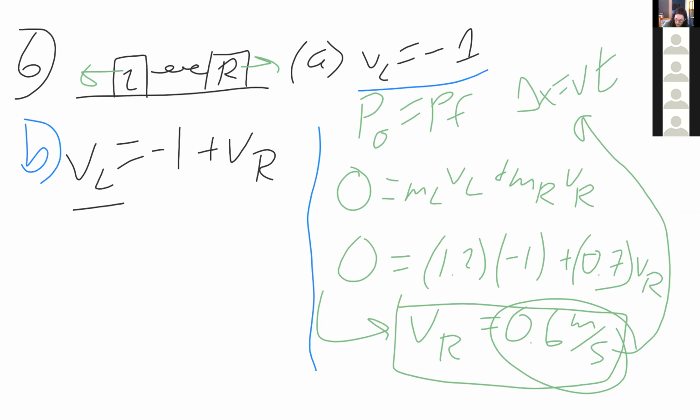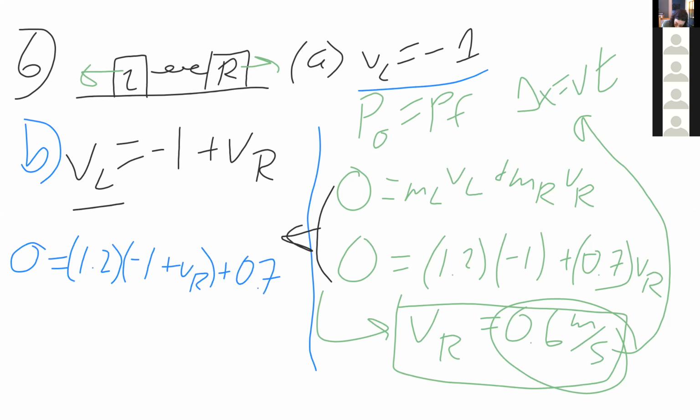Now, when I go to do conservation of momentum, we still do the same step here, but when I go to fill in my equation, I have now 0 equals m sub L, which is 1.2, times -1 plus v sub R. And then I have plus 0.7 times v sub R, just like I had over here. And then I go ahead and solve this equation.